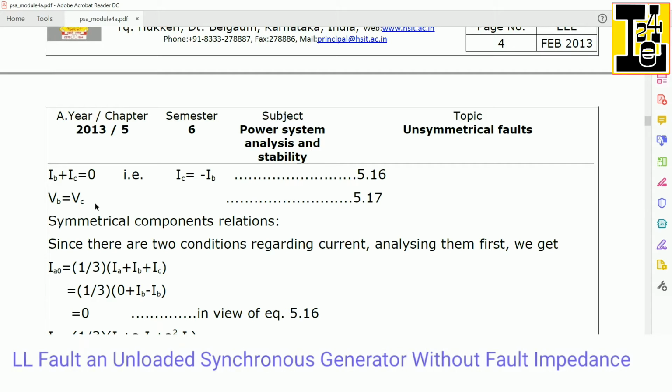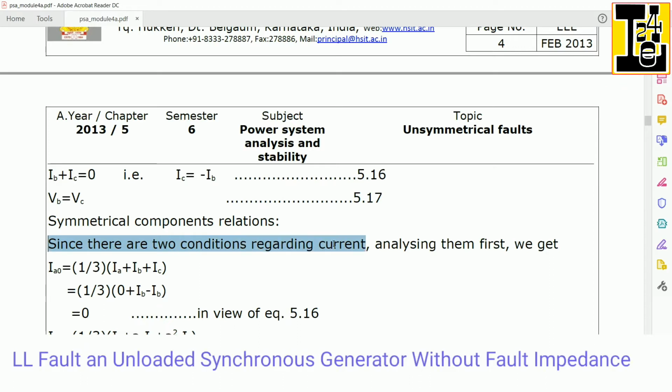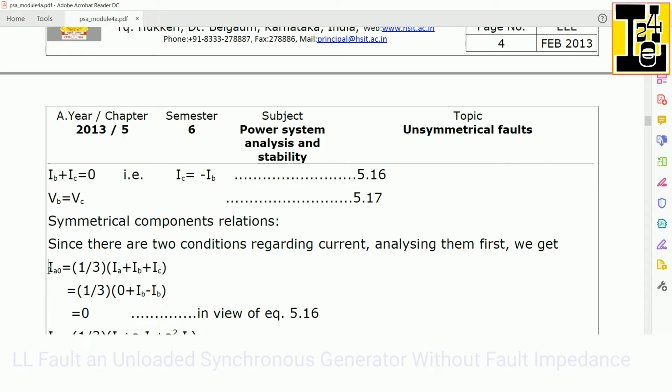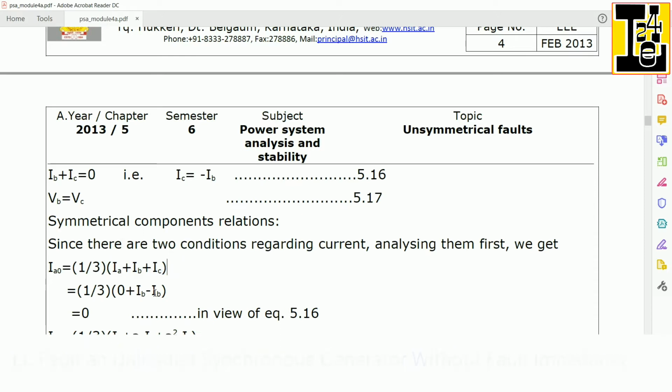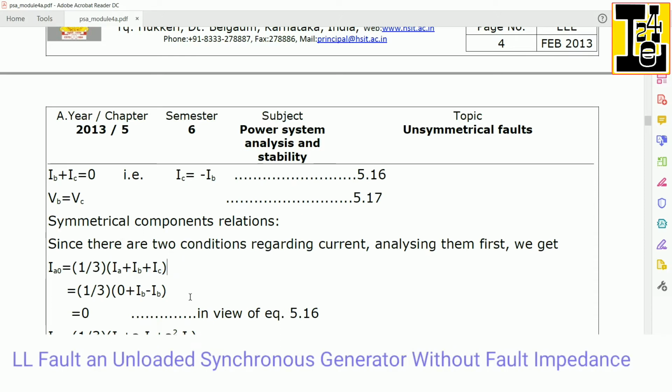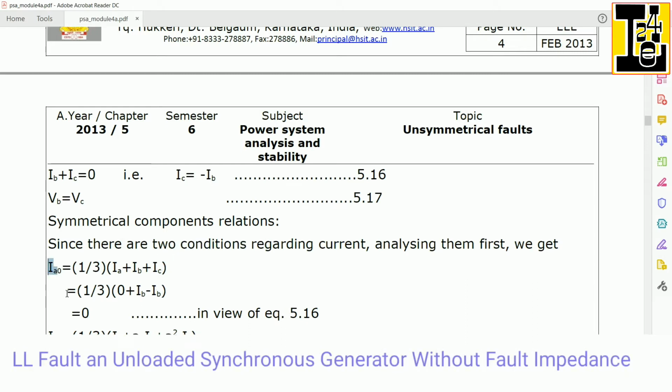Let us find the symmetrical component relations. Since there are two conditions regarding the current, we will take them first. Writing an expression for IA0, we know that it is 1 by 3 into bracket IA plus IB plus IC. Substituting IC as minus IB, we get IA0 is equal to 0.